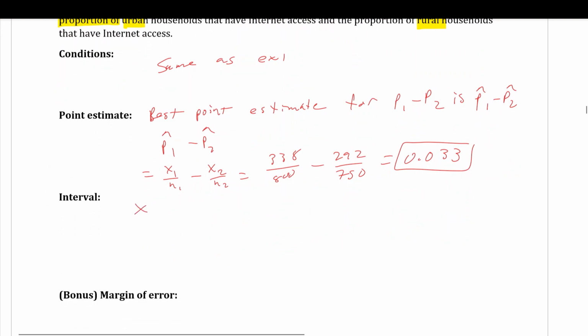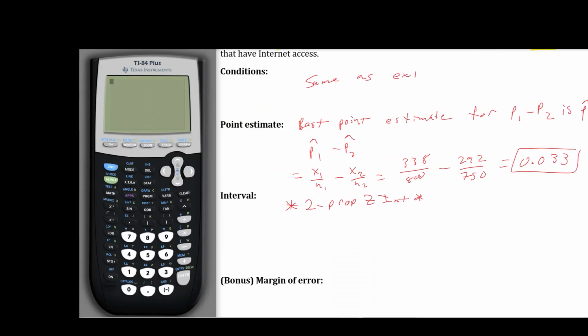If you just wanted the interval, you can do all that on your calculator. It would just be 2 prop z interval. Of course, it's going to ask for all the inputs: your x1, n1, x2, n2, and so forth. Let's go over to the calculator to do that. We're here on the calculator. Let's go to stat, then test. In the previous example, we dealt with 2 prop z test.